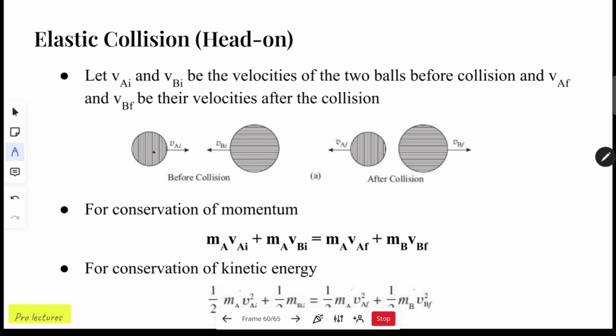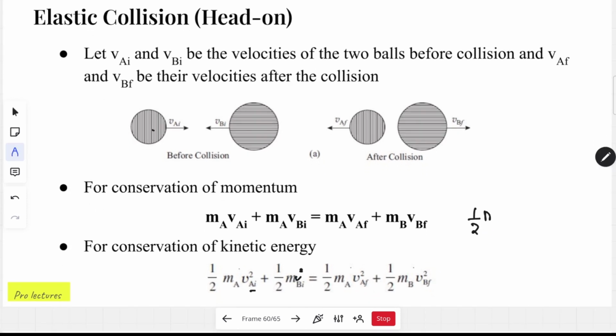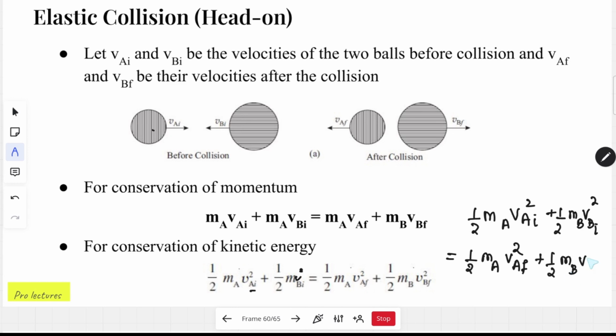And for elastic collision, kinetic energy is also conserved. Half MAVAI square plus half MBVBI square should be equal to half MAVAF square plus half MBVBF square. These are the things we get from conservation of momentum.